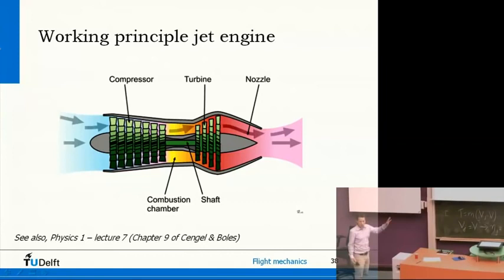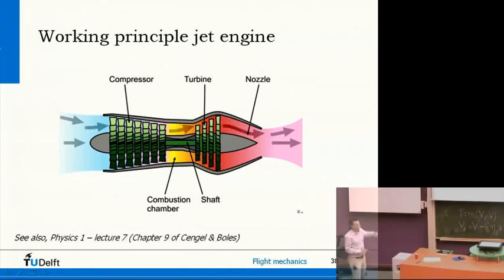Air comes in and then it sees this engine, so it gradually has to reduce its speed, and when it does so it compresses a little bit. So the pressure increases a little bit in front of the engine. Then it goes inside the first part, which is a compressor. One green disc is rotating and the next disc is standing still, and then another one is rotating again.